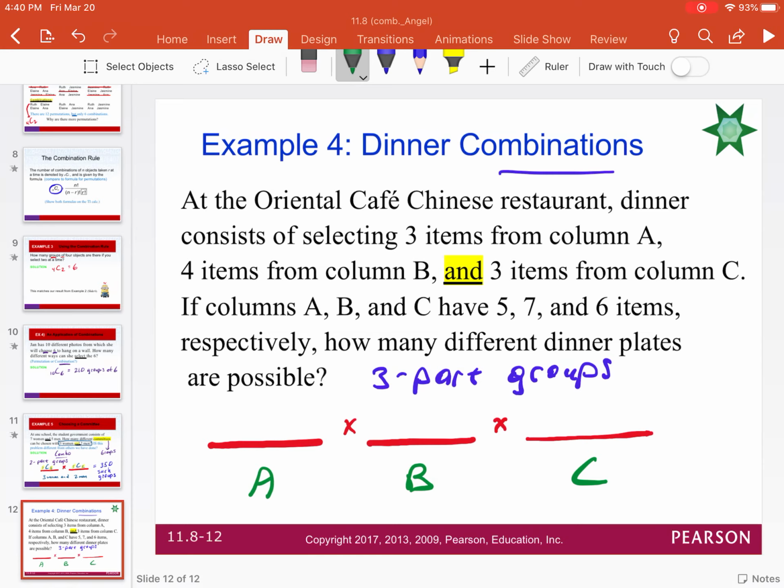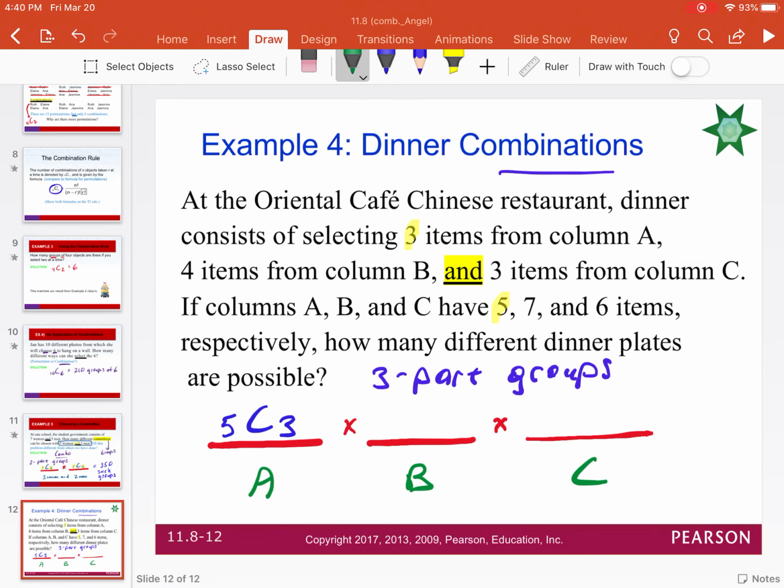Okay, so column A has 5 choices you can pick from, right? It has 5, and you're picking how many? 3. Okay, let's assume it's small items, otherwise this is an awful big meal. So hopefully your combination was a combination of 5, pick 3. The larger number always goes first.